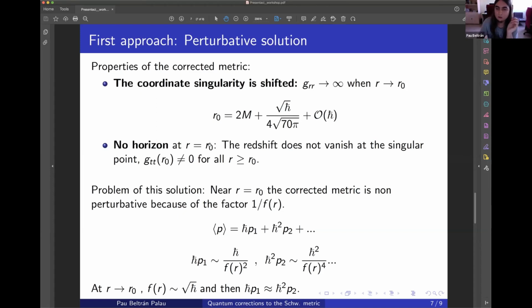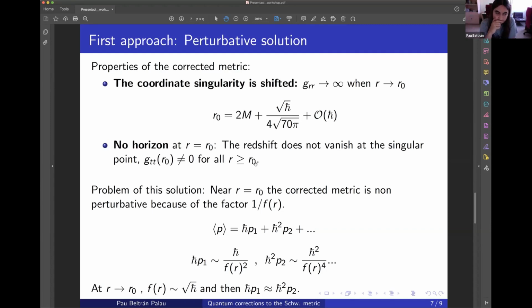But in this case, when g_rr goes to infinity, g_tt doesn't vanish. In fact, the time part of the metric, the redshift, is different from 0 for all values of r greater than r0. And therefore, this implies that the point r equal to r0 is a coordinate singularity, but it's not a horizon, in the sense that time-like geodesics can go in both ways.